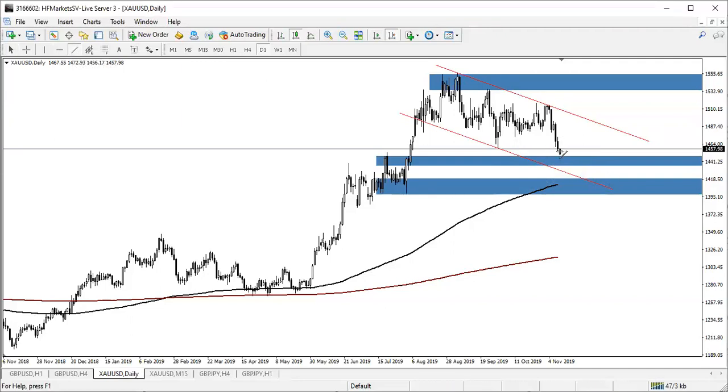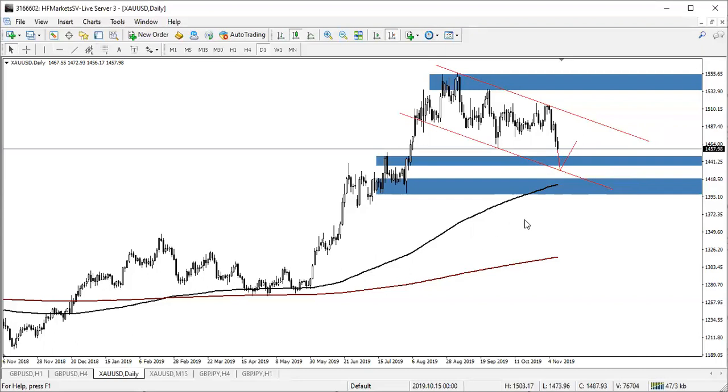Precisely, we are looking forward to a dip into the zone, a little bit weak on the trend line, then we experience some upside move on the daily.